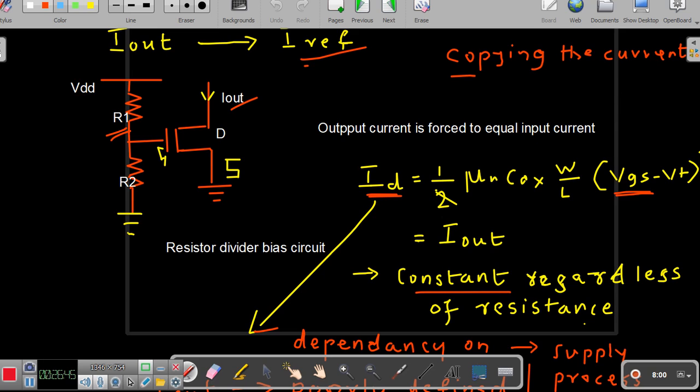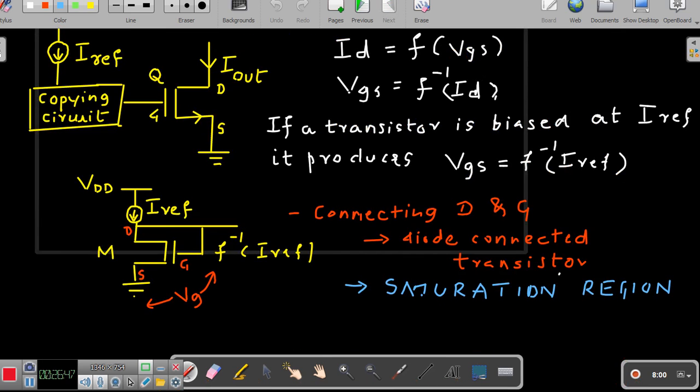So when I connect the drain directly to the gate, the transistor is not operating in either the cutoff region or the triode region; it is always operating in the saturation region. It will never operate in the linear region. So that validates my expression for ID for whatever analysis I am going to do here.